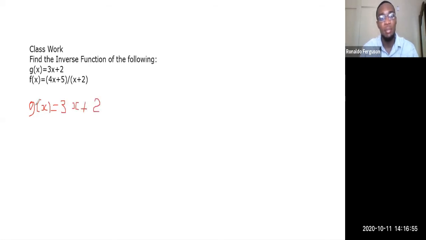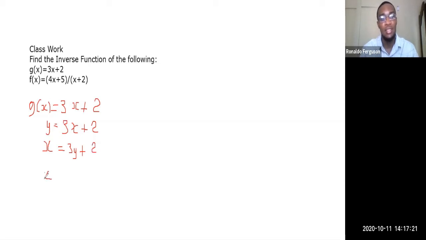Remember, step 1, you write g of x as y. And so y equals 3x plus 2. Then step 2, interchange x and y. And so we have x equals 3y plus 2. Then step 3, make y the subject.